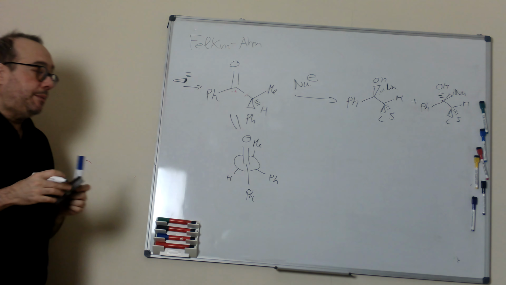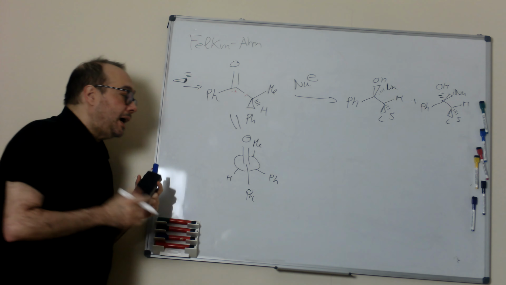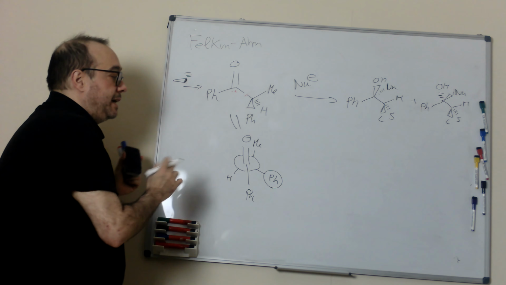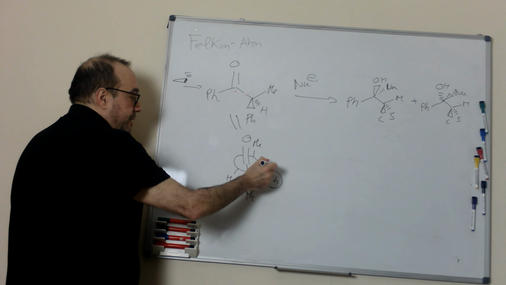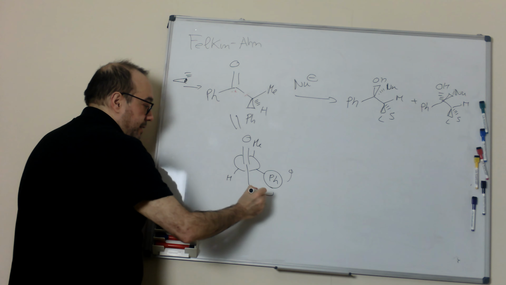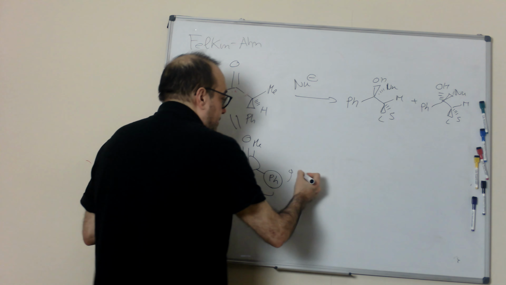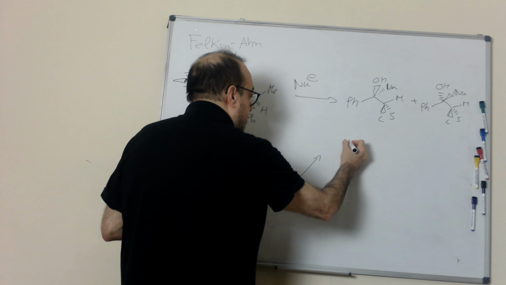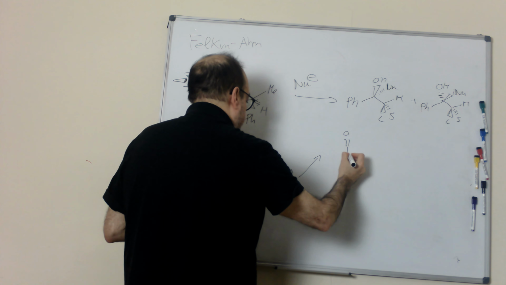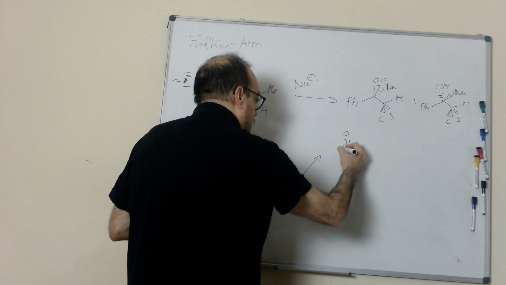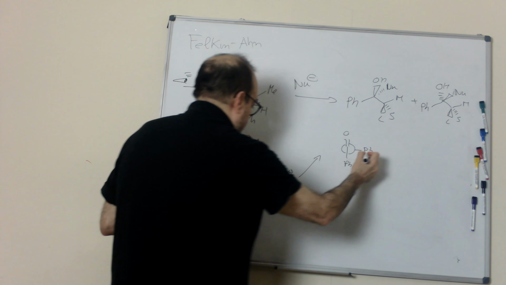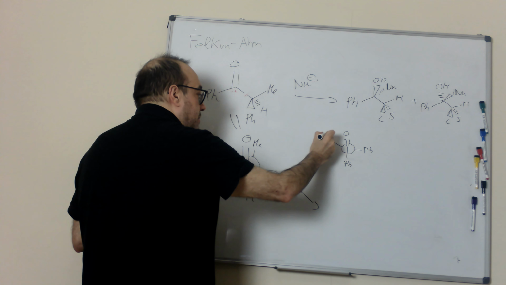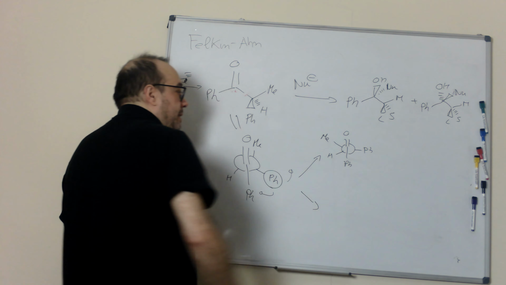Next step. I put the large substituent perpendicular. That means I have two options: one is rotating in this direction and the other is rotating in this direction. First, if I move this phenyl here, the methyl will be in this direction and the hydrogen will be in this direction.